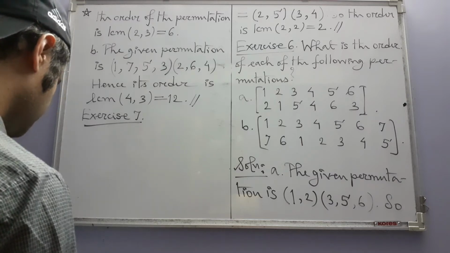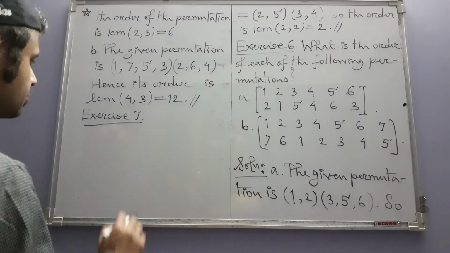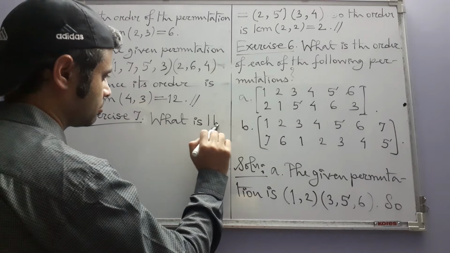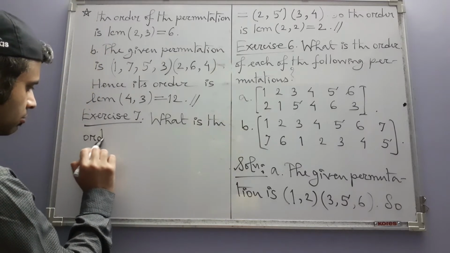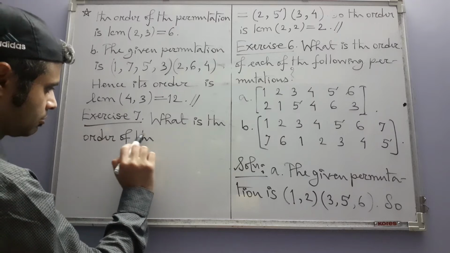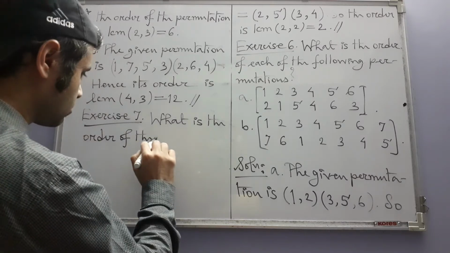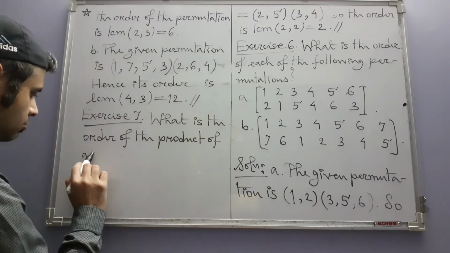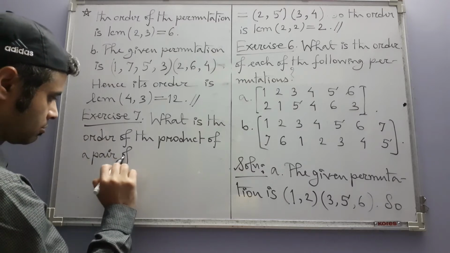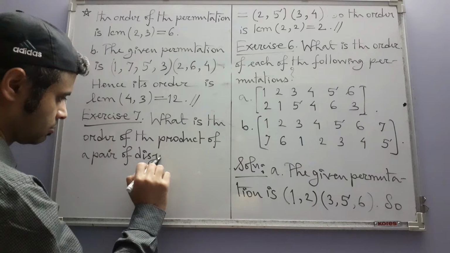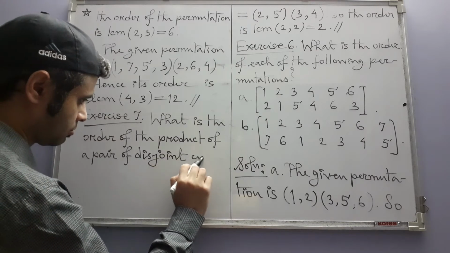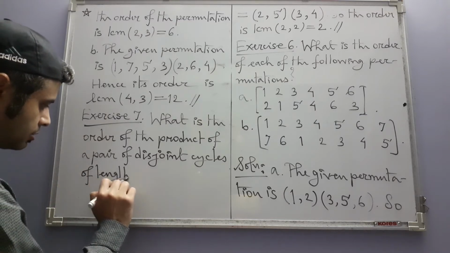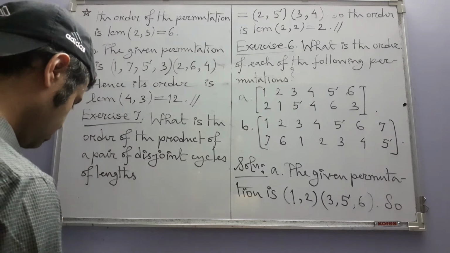What is the order of the product of a pair of disjoint cycles? Cycles of lengths 4 and 6.